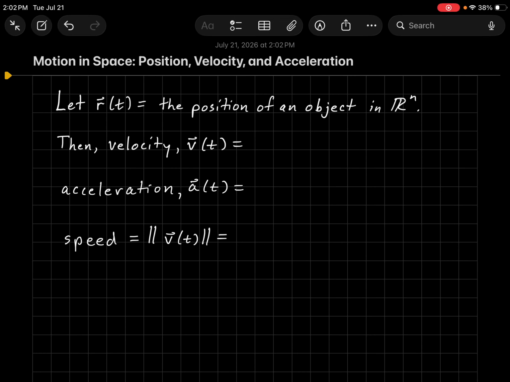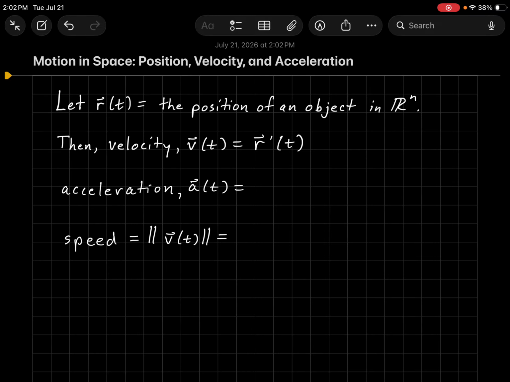Motion in space, position, velocity, and acceleration, and also speed. Define r of t to be the position of an object in n-dimensional space, Rn. Then the velocity, v of t, is defined to be r prime of t.